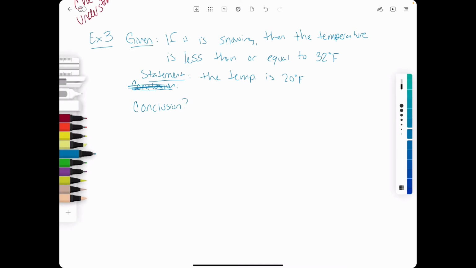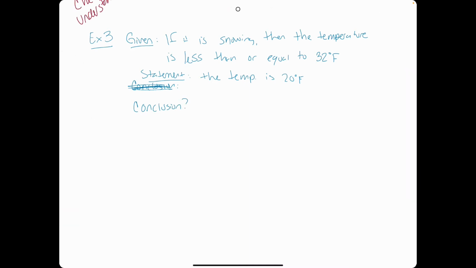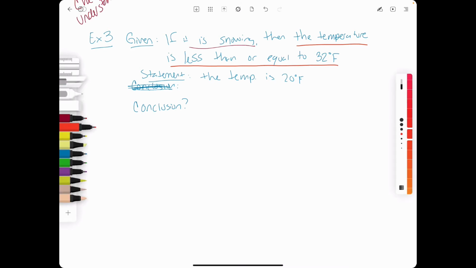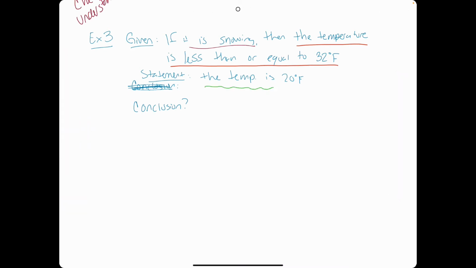Well, let's take a look at this. I'm going to underline it with a different color here. So if it is snowing, there's my hypothesis. My conclusion is the temperature is less than or equal to 32 degrees. Okay, well, the statement that they gave me is this right here. The temperature is 20 degrees. Well, that's less than 32, but that's going to the conclusion, not to the hypothesis.